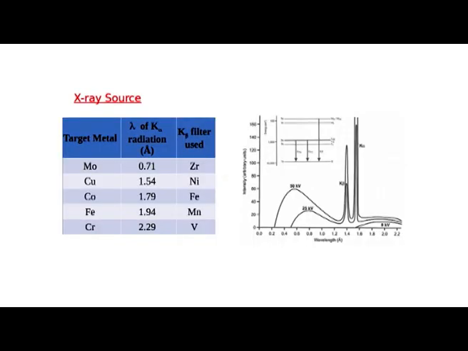As you can see in the image, I have shown 5 different XRD sources: molybdenum, at a lambda of 0.71 angstroms, and copper, 1.54 angstroms. Copper is the most widely used X-ray source. Then we have cobalt, which is 1.79 angstroms, iron, 1.94, and chromium, 2.29. Depending on the application, we vary the source.